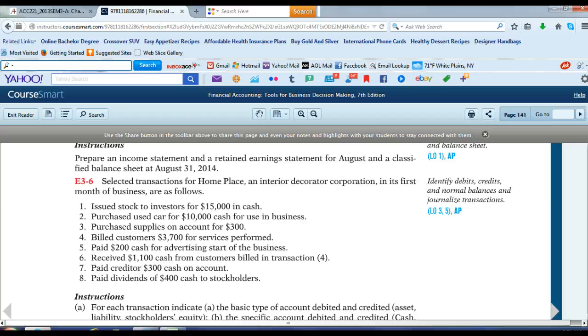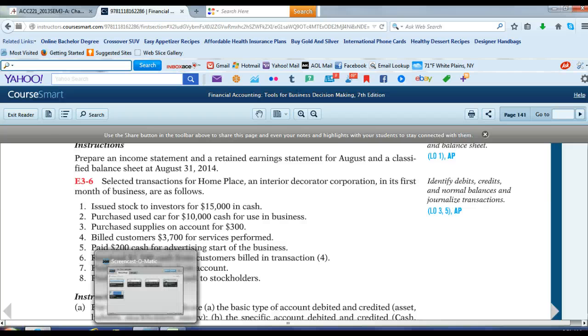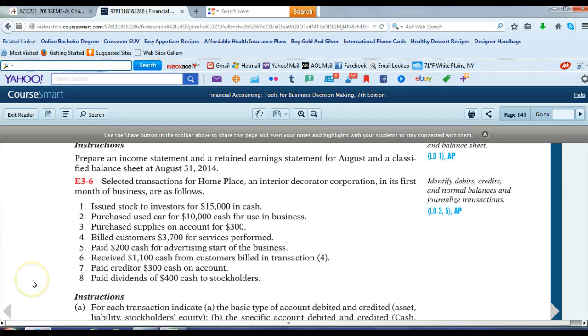So if we look at the issued stock to investors for $15,000 in cash, what accounts are we dealing with when we talk about cash and stock? Well, we're dealing with the cash account, which is an asset. We're dealing with stock, which would be in the stockholders' equity section.